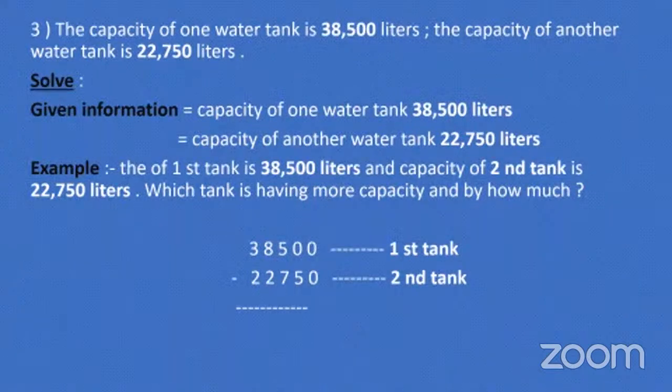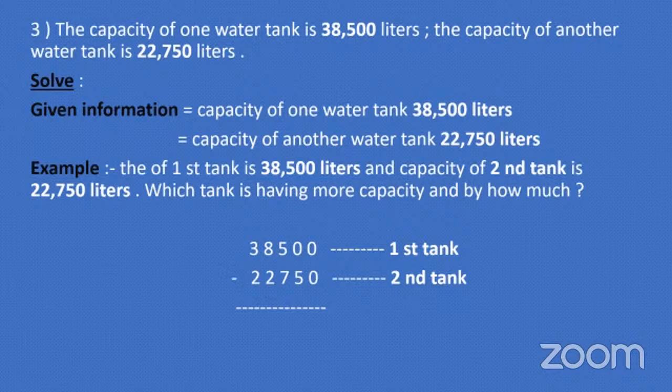The capacity of one water tank is 38,500 liters, and the capacity of another water tank is 22,750 liters. Tell me, what is the given information?